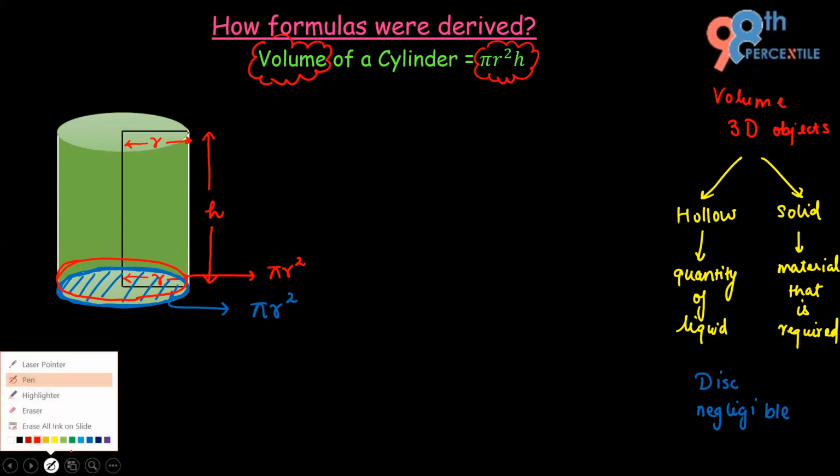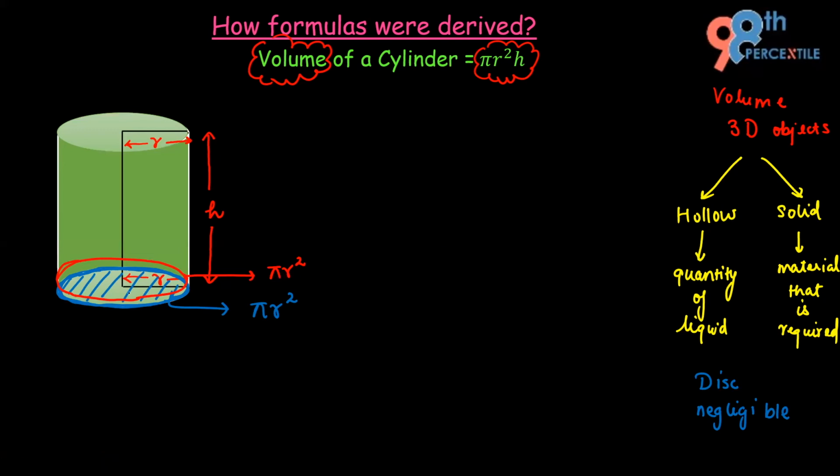Now, like that, imagine that I am placing h number of discs, one on top of another. All of them have the same radius.